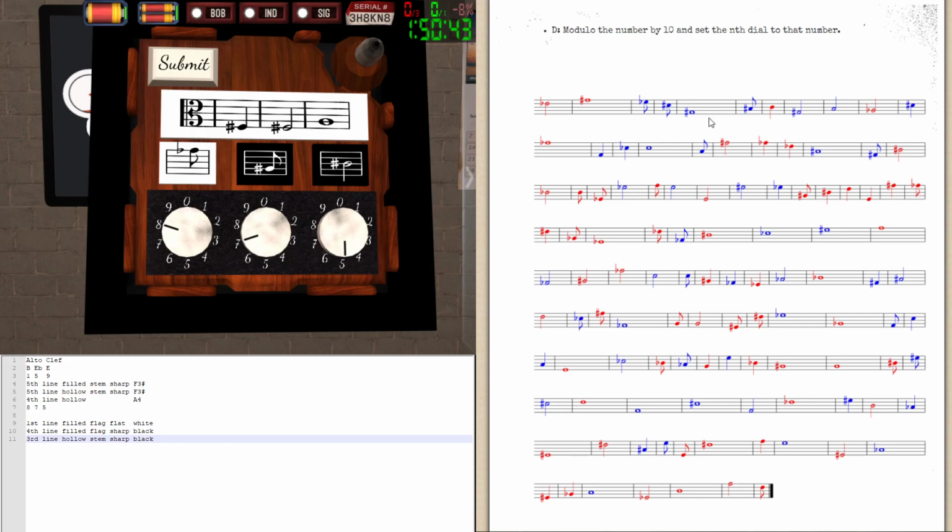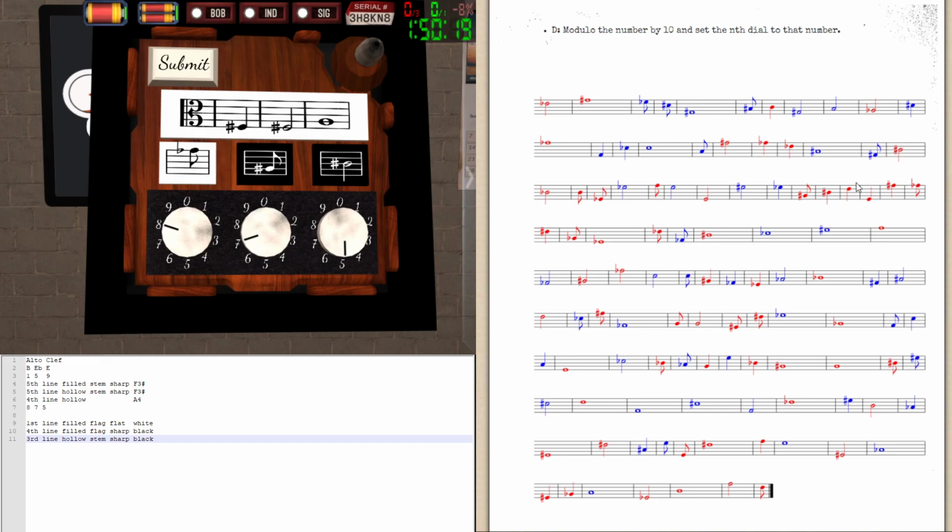Anything on the line is going to be colored red. Anything in the space is going to be colored blue. So we gotta find a red note in this case, which I'm going to say it's right there because I saw it firsthand. This is our first line, flag, filled, and it's a flat. So that's one of the notes that we need to find.